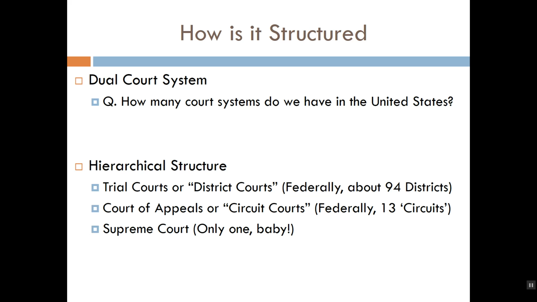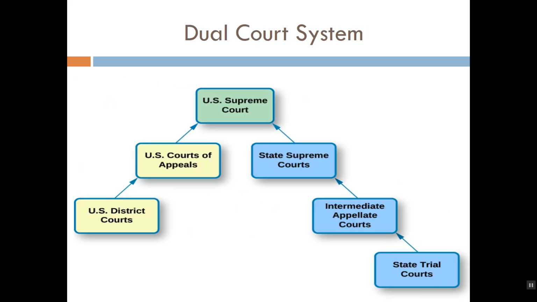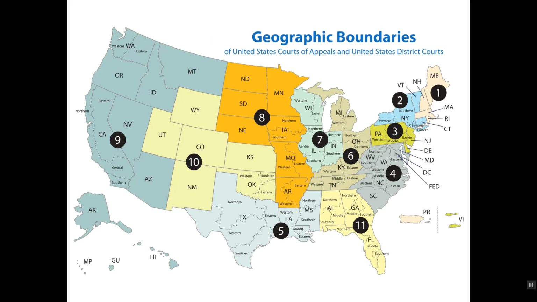So if you wanted to see what the dual court system looks like, understand that this hierarchy is going to operate in Oklahoma, where we have 77 district courts, a number of courts of appeals, and a federal court. But then also understand that each of these courts of appeals or circuit courts is going to have jurisdiction or authority over cases limited to a particular portion of the country.